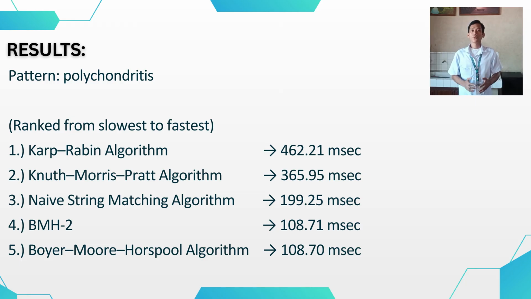And the Boyer-Moore-Horspool algorithm is the fastest, which has 108.70 milliseconds. Memory usage for the naive string matching algorithm was minimal compared to KMP and BMH variants, requiring only a few bytes of extra space.